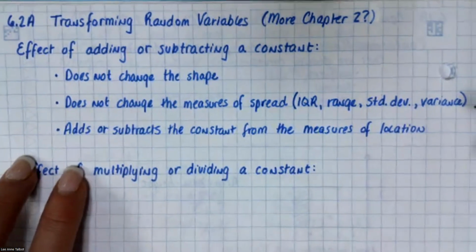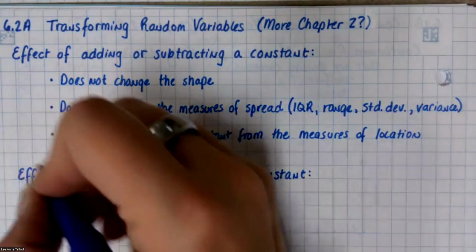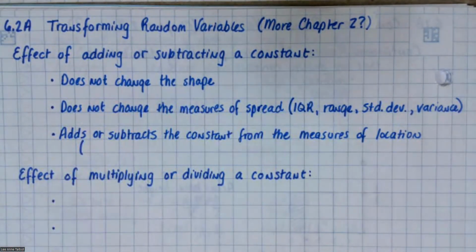It does, however, add or subtract that number from the measure of location. What I mean by that is the shift up the axis. So if we add 3, everybody gets added 3. What are measures of location? Give me some examples of those.